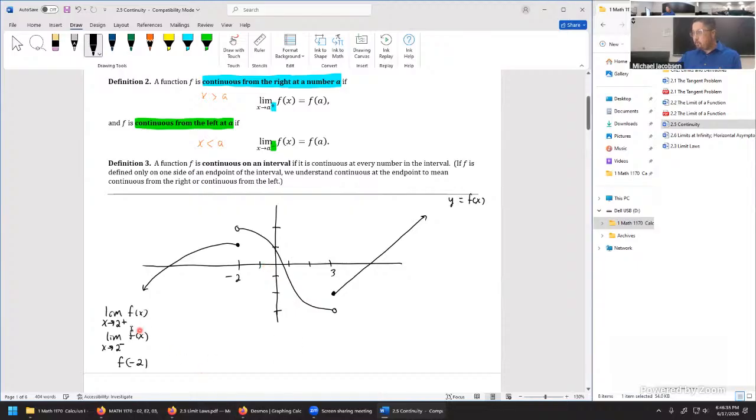Sorry, I made a typo there. I should have said -2. Let me fix that on the limits. X tends towards -2 from the right. That's a lot of symbols. X tends towards -2 from the left. So I omitted those negative signs there. Sorry for the distraction on those. It needs to be that -2.